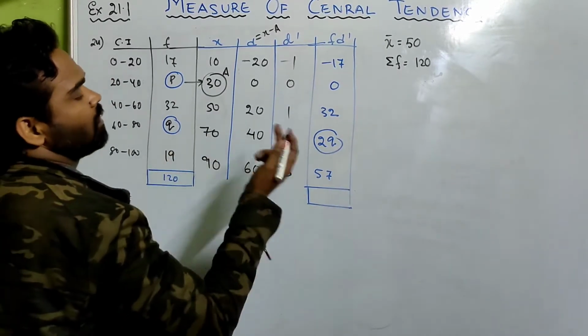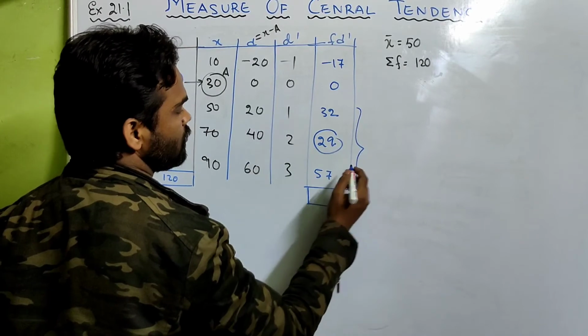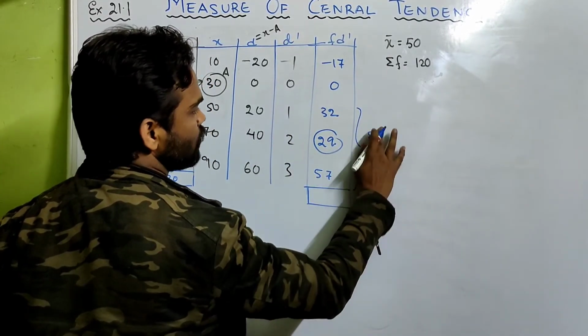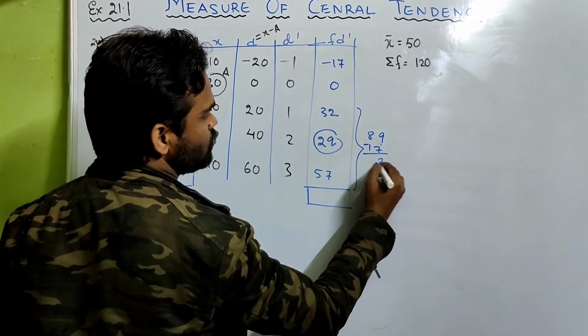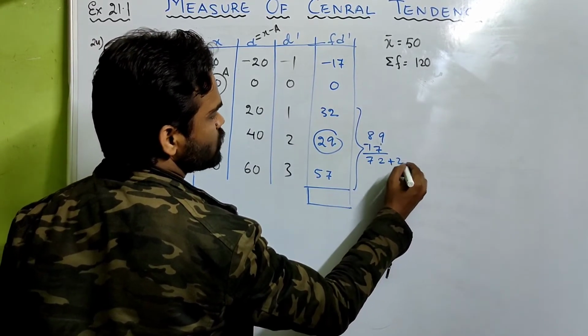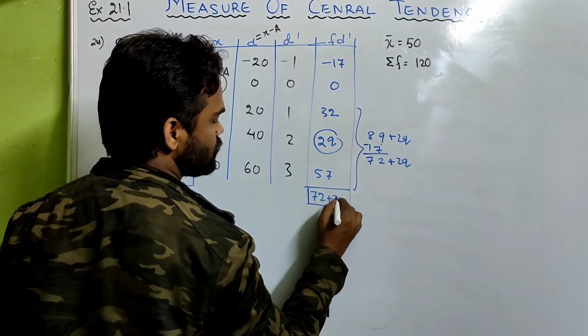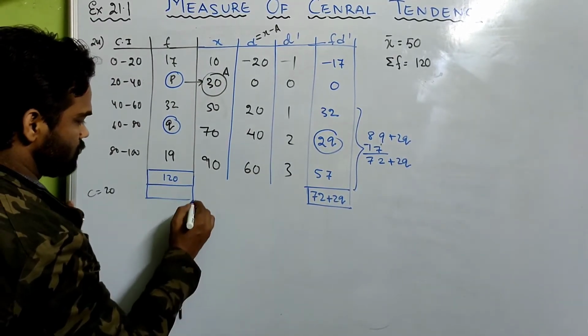Now this is how much? 32 plus 57, that's 5, 6, 7, 8, 87, 89, sorry. 89 minus 17, that's 72. 72 plus 2Q, isn't it? 72 plus 2Q.